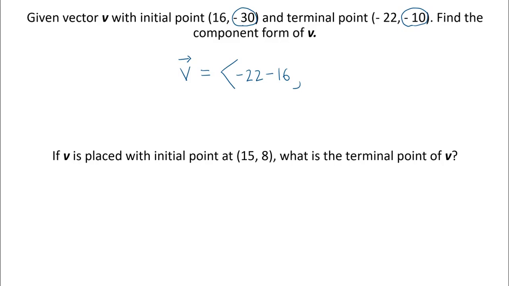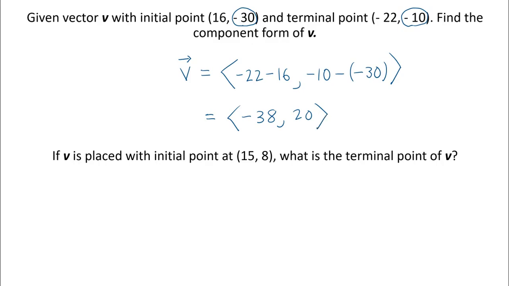So to find the vertical displacement, we take the terminal y and subtract from that the initial y. And that gives us that vector v is equal to <-38, 20>.